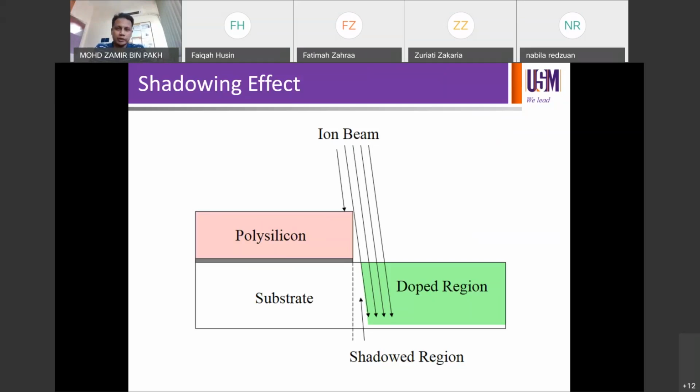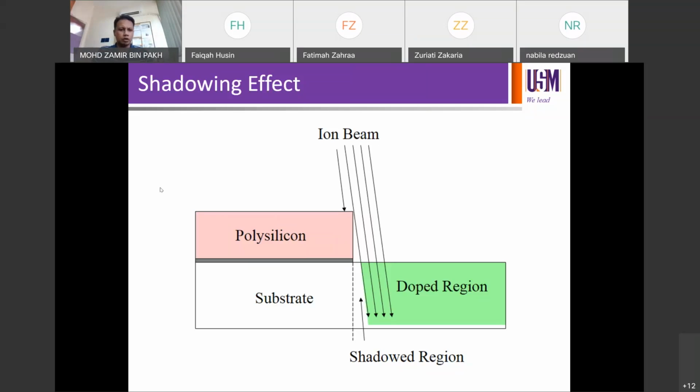So you can deposit a polysilicon layer on your silicon wafers. Due to the presence of structures such as polysilicon or other materials, we will end up having some areas being shaded during the ion implantation process.